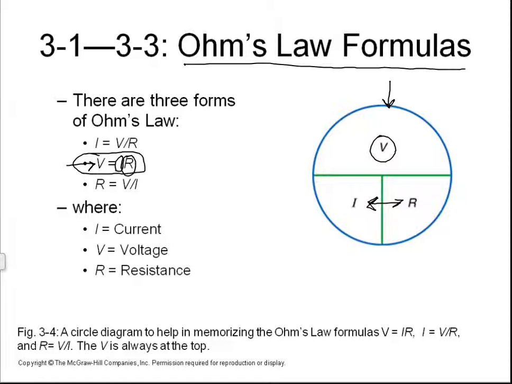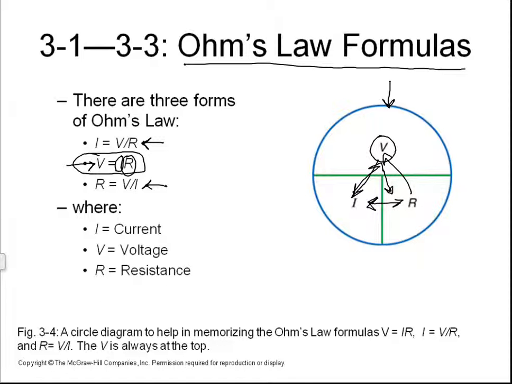Now, since that is true, we can derive a couple more equations. The first one being current. Well, current is equal to voltage over resistance. Or for resistance, resistance is equal to voltage over current.